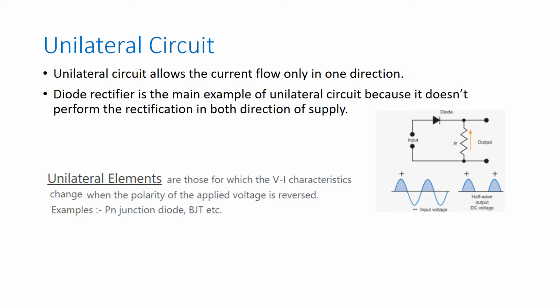So the VI characteristics change when the polarity of the applied voltage is reversed. Some examples are the PN junction diode and bipolar junction transistors, BJT. These are the unilateral circuit elements.